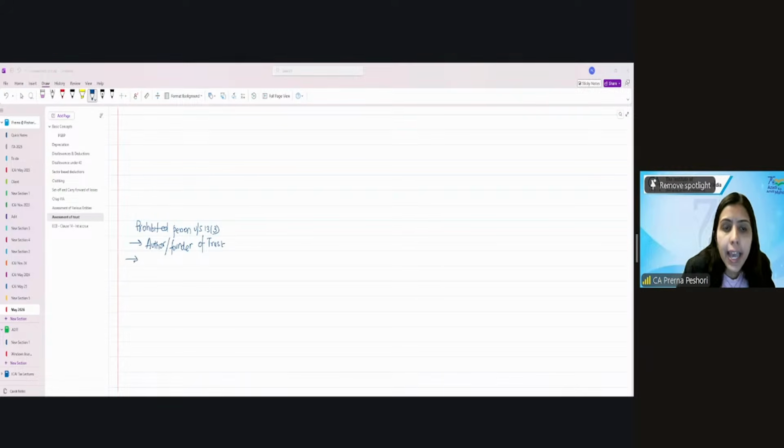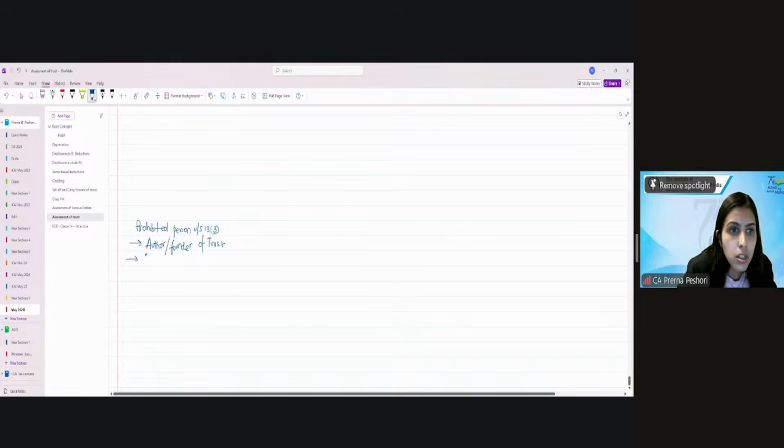Then any person whose total contribution to the trust exceeds 1 lakh during the year or exceeds 10 lakh rupees in aggregate.